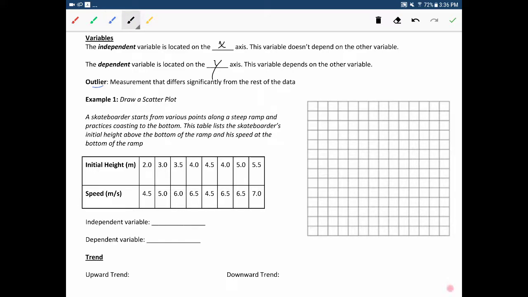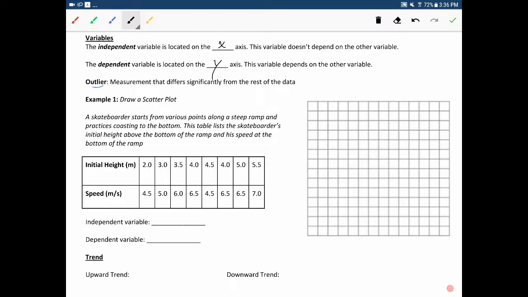We're going to take a look at this one where we have a skateboarder starting from various points along a steep ramp and practicing coasting to the bottom. The table lists the skateboarder's initial height, the starting height, and his speed when he hits the bottom of the ramp.